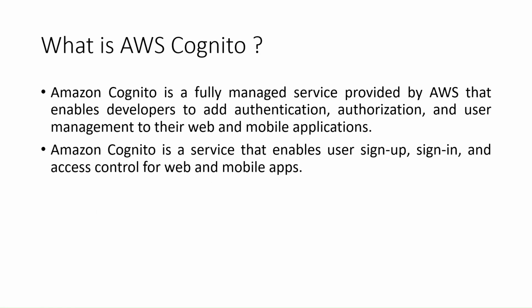It is useful in a variety of contexts, like security for your APIs and providing temporary access to AWS resources. So Amazon Cognito is a service that enables user sign up, sign in, and access control for your web application or mobile application.